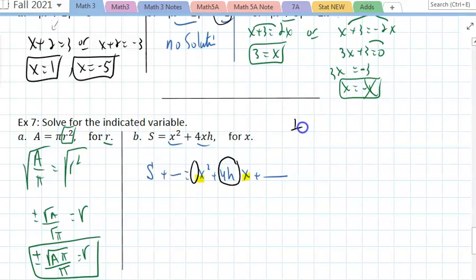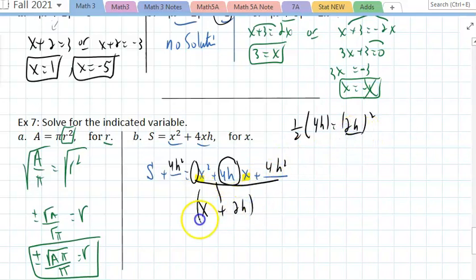When I say take half of the middle number, that's half of 4h, which is 2h. And when you square it, that's 4h squared. I'm guaranteed that this becomes a perfect square.